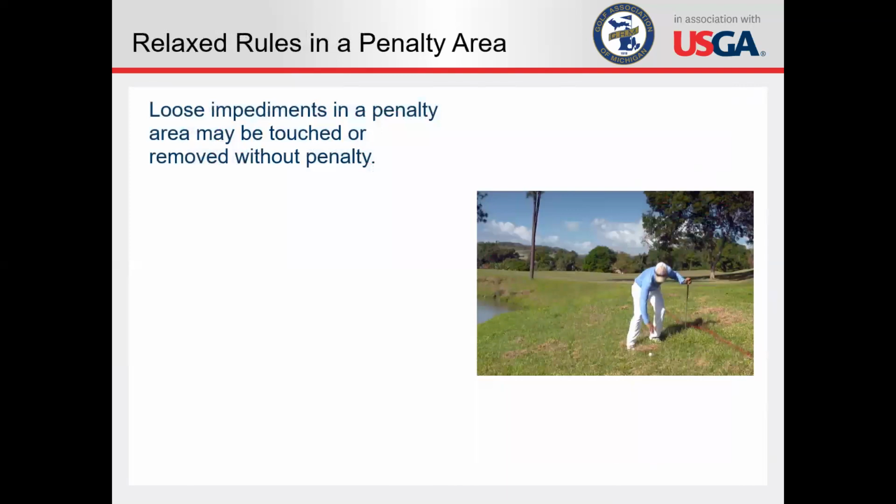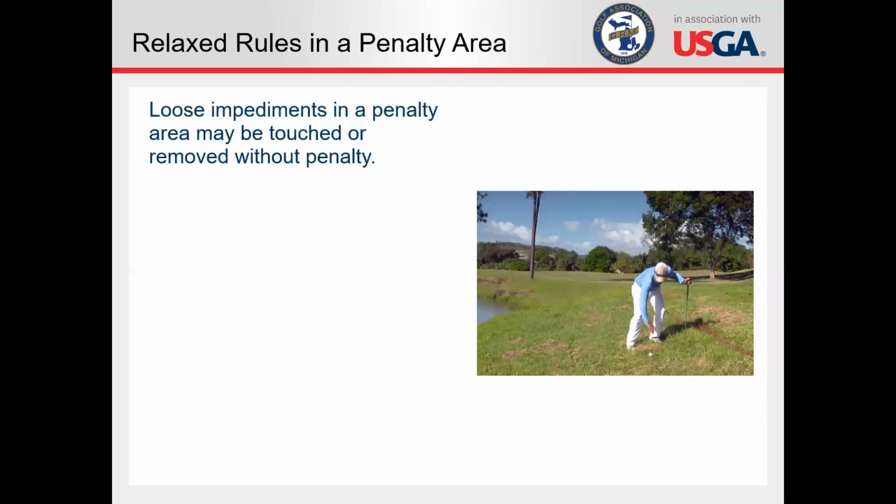So there are some more relaxed rules. Now you can remove loose impediments in a penalty area, provided that it doesn't cause the ball to move. So if you've got a pine cone that's resting up against your ball and you move it and your ball moves, you're going to have a penalty for doing that. So there's not a complete change there, but if the pine cone is a foot away from your ball and you move it, that's no problem.